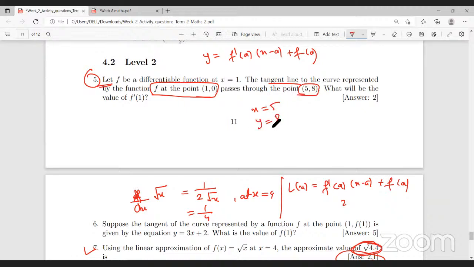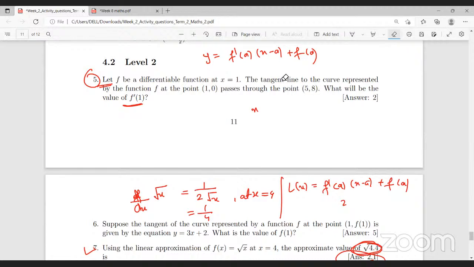I can just calculate the slope, but I don't know why I am getting 0, sir. I am just calculating the slope using the points 5, 8 and 0.